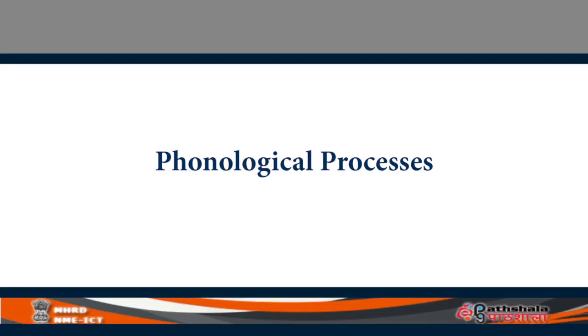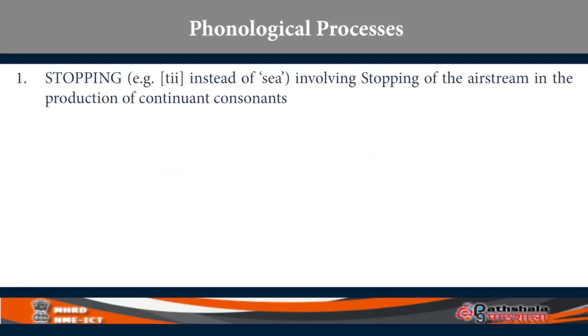A child who cannot say s will substitute s with t. So a Telugu word like sanchi, which means bag, becomes tanchi. Almost all children go through the stage where they exhibit phonological processes. Let's look at some important processes. Stopping. What is stopping?